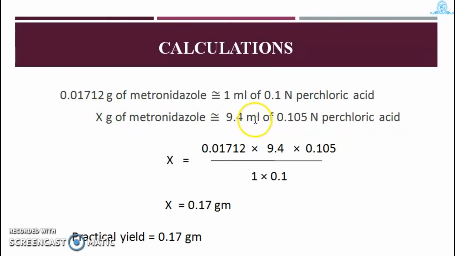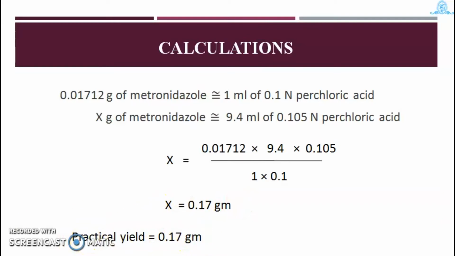This is our burette reading of 0.105 normal perchloric acid. So just by the cross multiplication, we have formula x is equal to 0.01712 into 9.4 into 0.105 divided by 1 into 0.1.